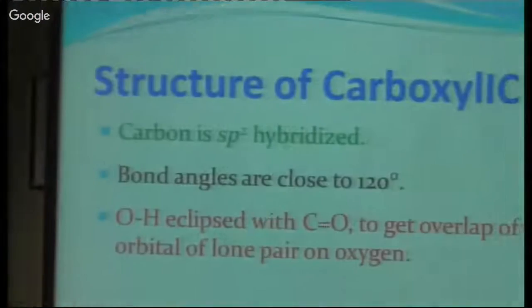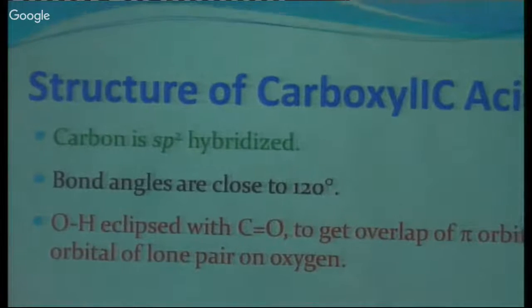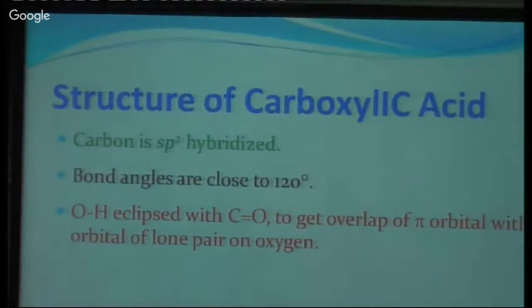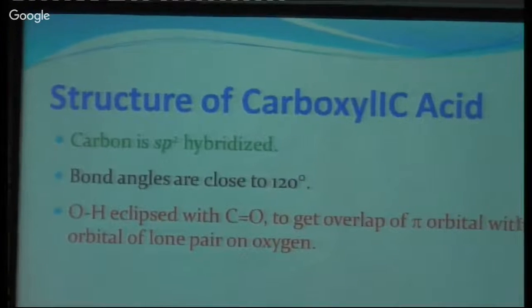Let us look at now the structure of the carboxylic acid. This carbon of the carboxyl group is sp2 hybridized. So the bond angle is approximately 120 degrees.